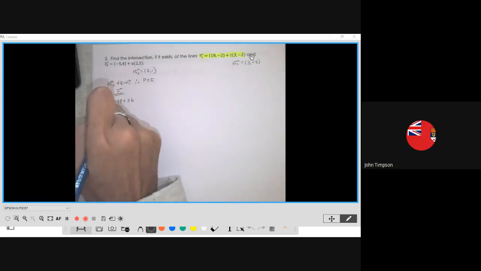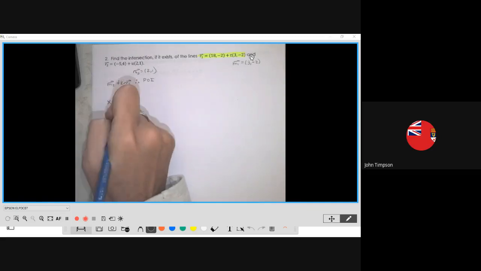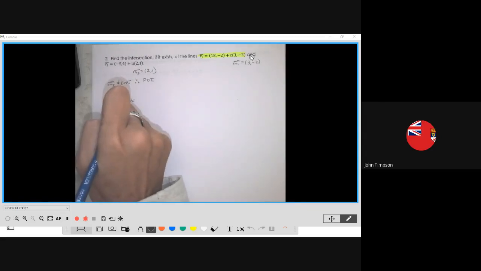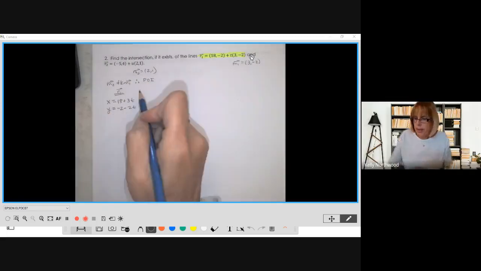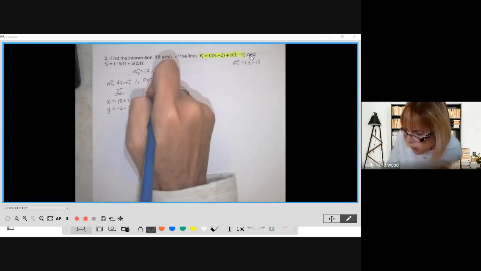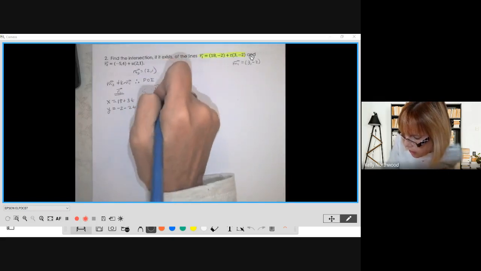Yep. And y equals -2 minus 2t. Perfect. Okay, so you want the parametrics of R1, and then we also want the parametrics of R2.